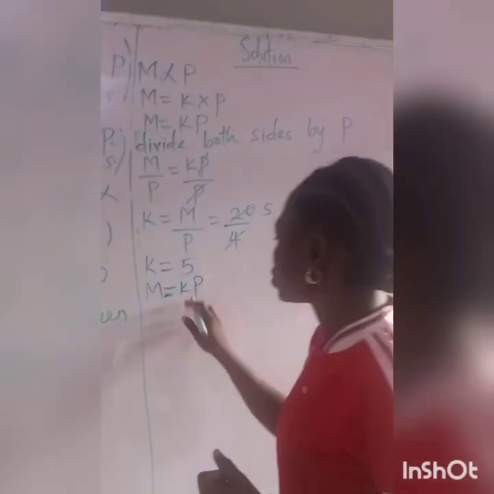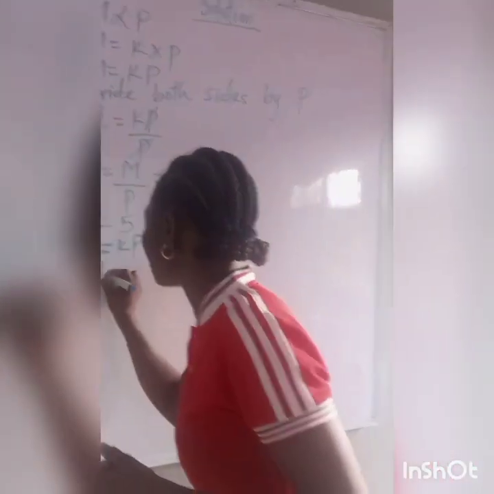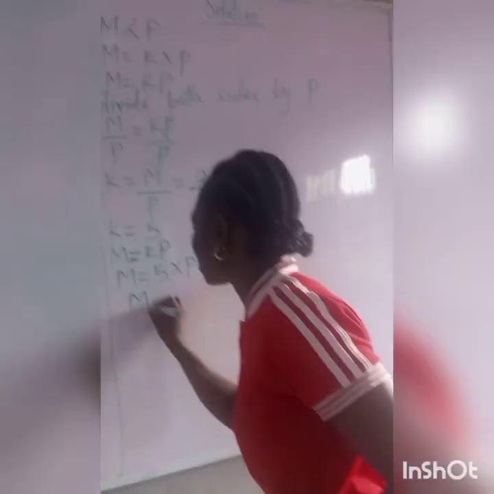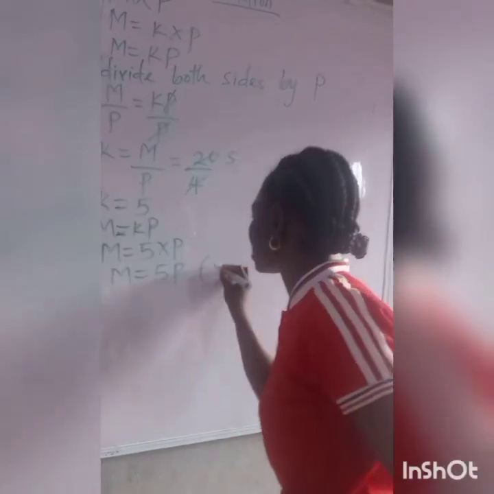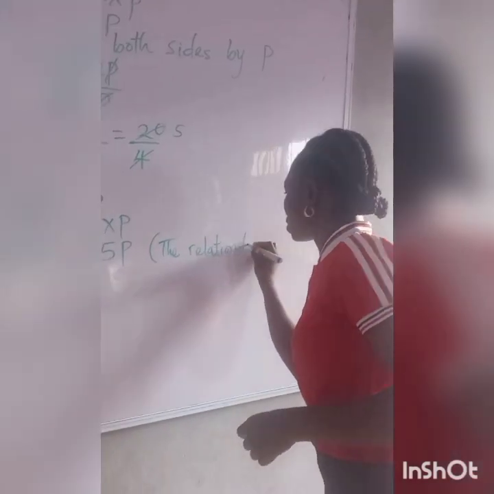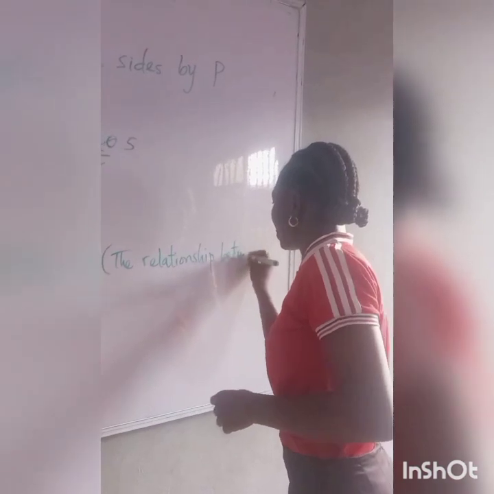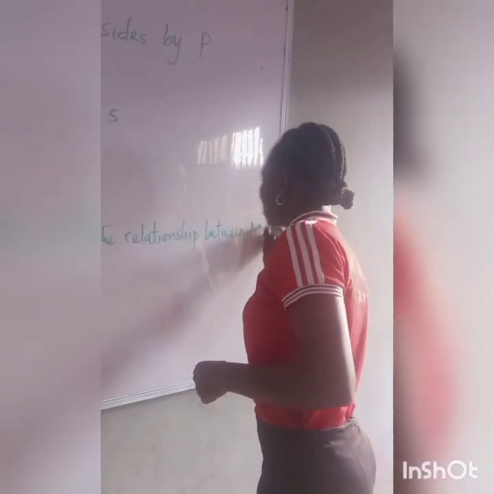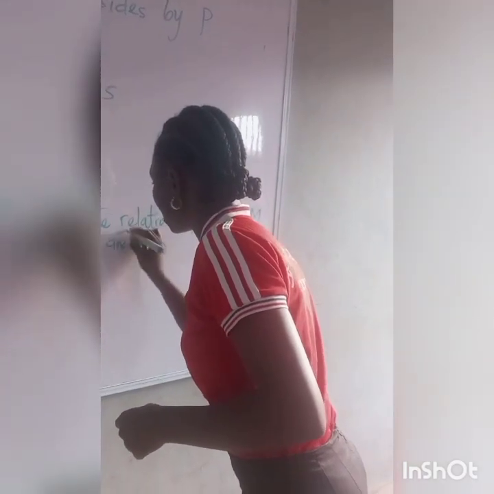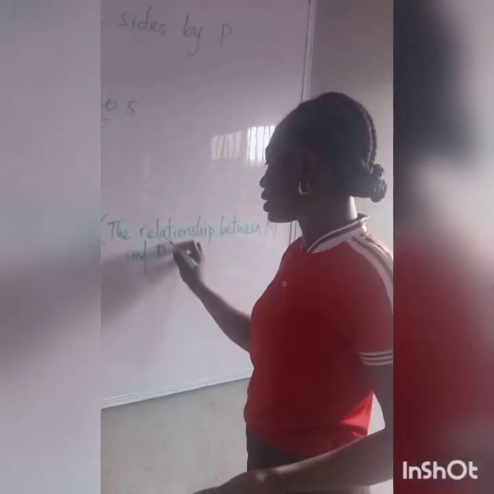What you do here is you only replace K. So that will be N equals 5 times P, so N equals 5P. This is the relationship between N and P, or the law connecting N and P.